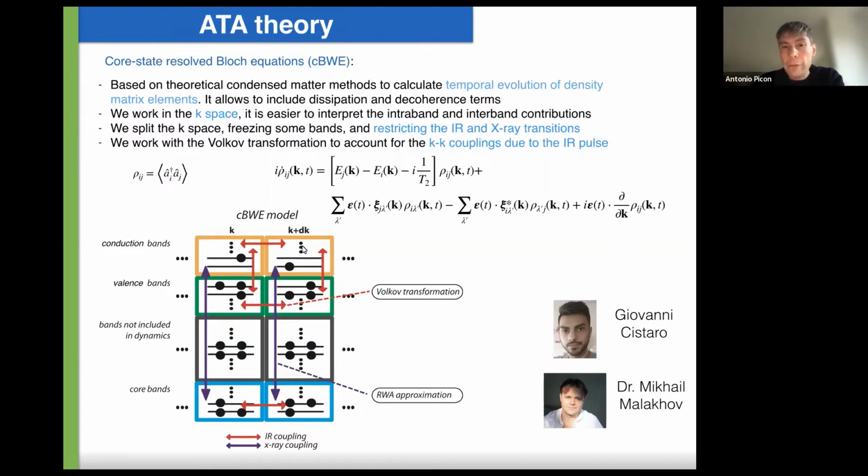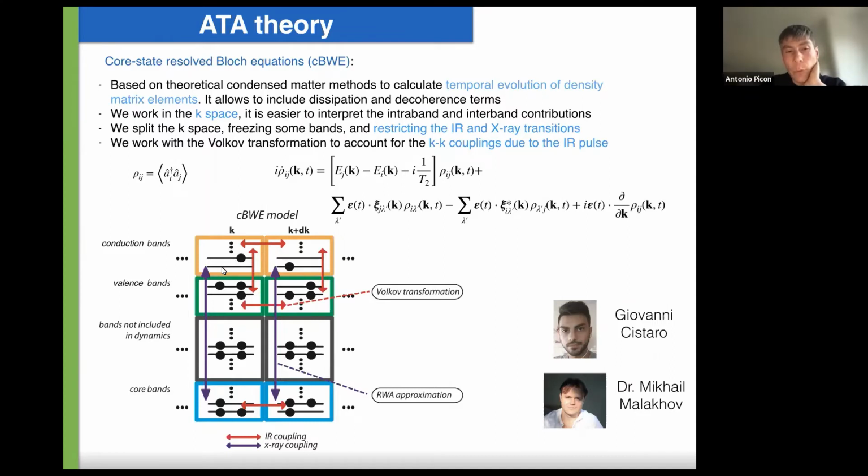Then we have to take into account the pump and the probe. So we select areas that we are going to call conduction bands and valence bands, and these are going to be interacting with the infrared laser. The infrared laser can promote interband transitions, but also intraband, so the laser can also make the electron move along the reciprocal space.